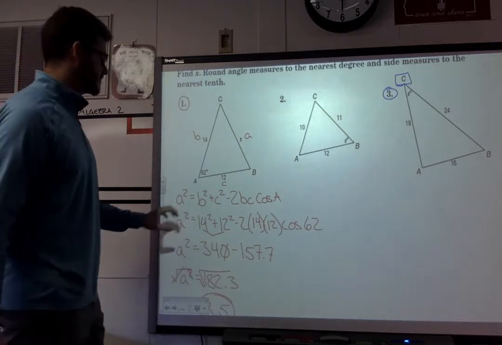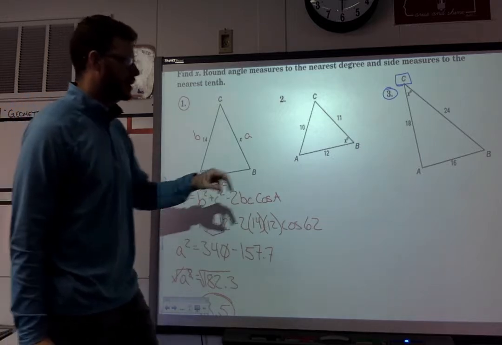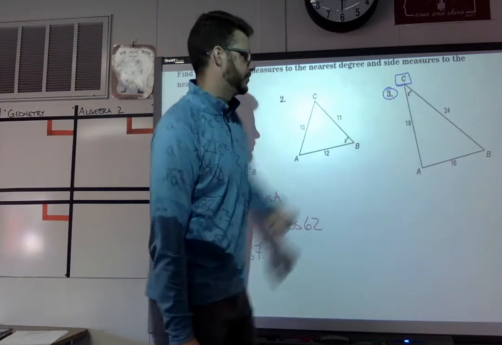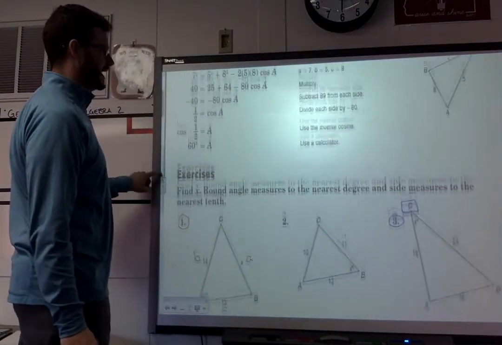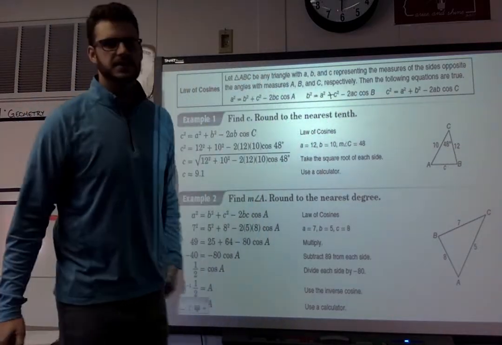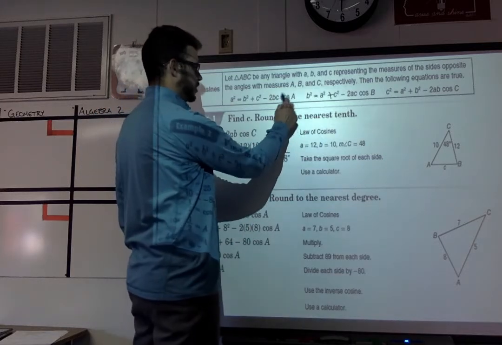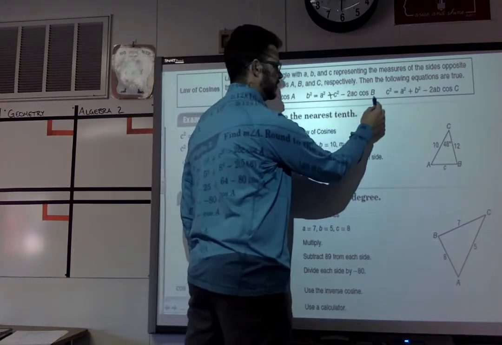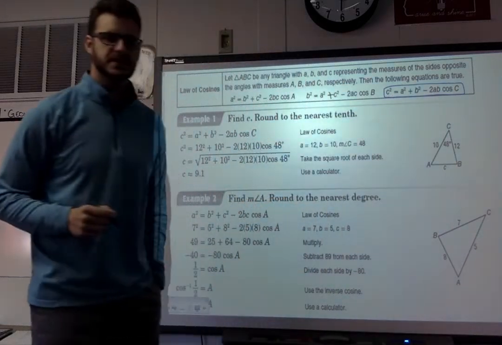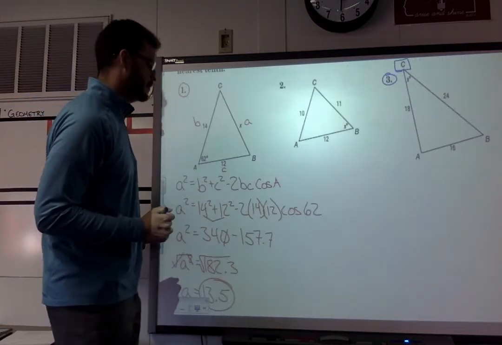So for this one, instead of being able to tell which equation we want to use based on which side we're solving for, we're going to determine which equation we want to use based on the angle that we're solving for. So since we're solving for angle C, if we go back up to our equations here, we want to use the equation that includes angle C. So this one includes the cosine of angle A, cosine of angle B. This one here includes the cosine of angle C, so we're going to go ahead and use that equation for the law of cosines.